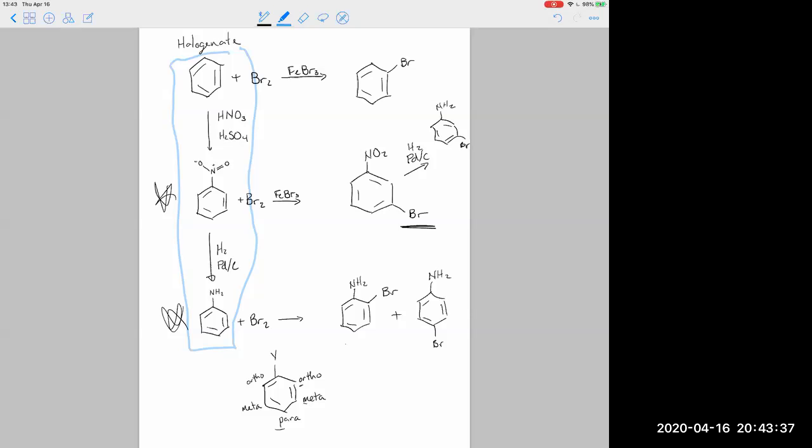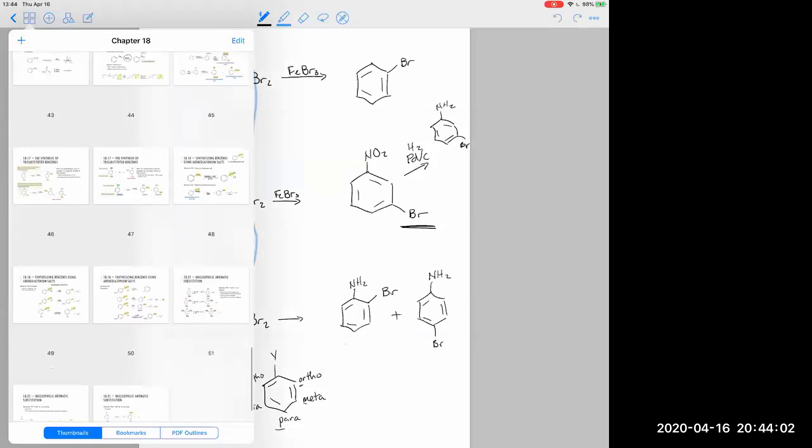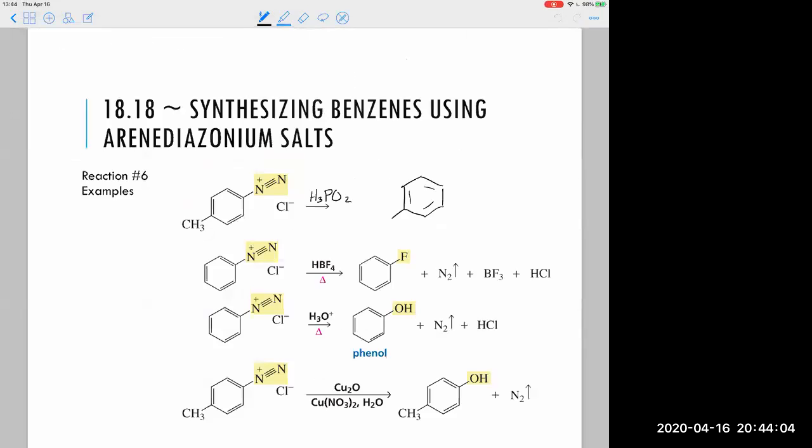There's no way to go back unless you chop off the diazonium group and then add a nitro group on there. All right, so you can't actually just go in this direction here. You've got to go all the way back to the benzene ring by chopping off that group. Okay, cool. So any questions on that?